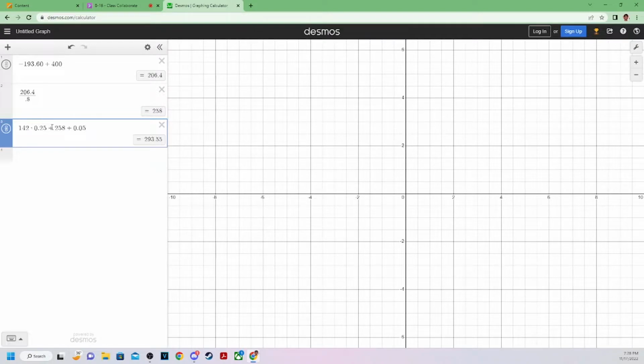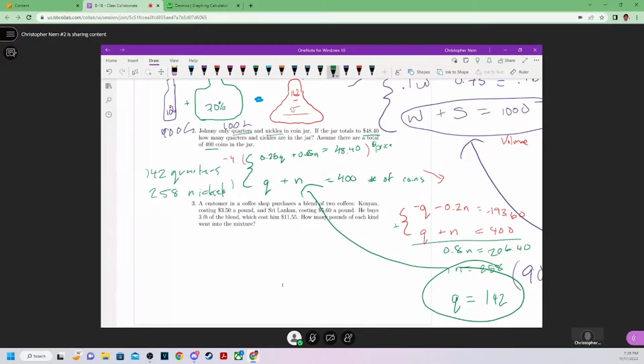So let's see, boom, boom, boom. So this does add up to 400, but why is it not? Did I put in the right one? 25.05. This is addition. I'm sorry about that. It's multiplication. Boom. $48.48. Perfect. So we're good to go on that word problem. So we're able to calculate these out.